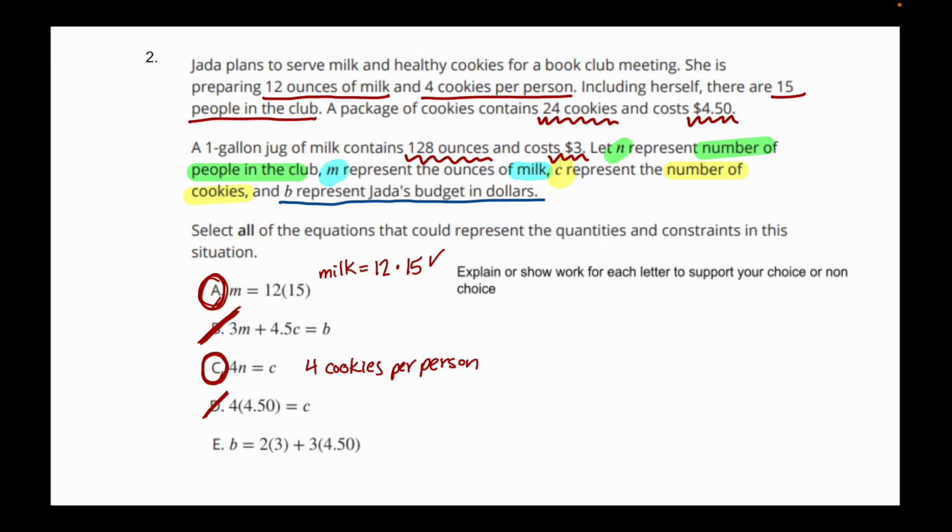If it's 4 per person, she would do 24, means 6. Yeah, she would need 3 packages of cookies. So this would be accurate as well, because she would need 2 gallons of milk.